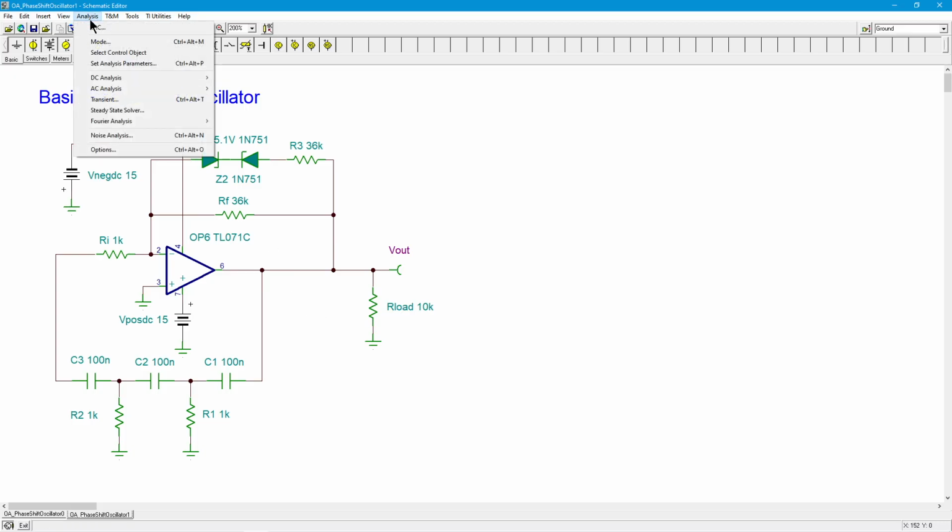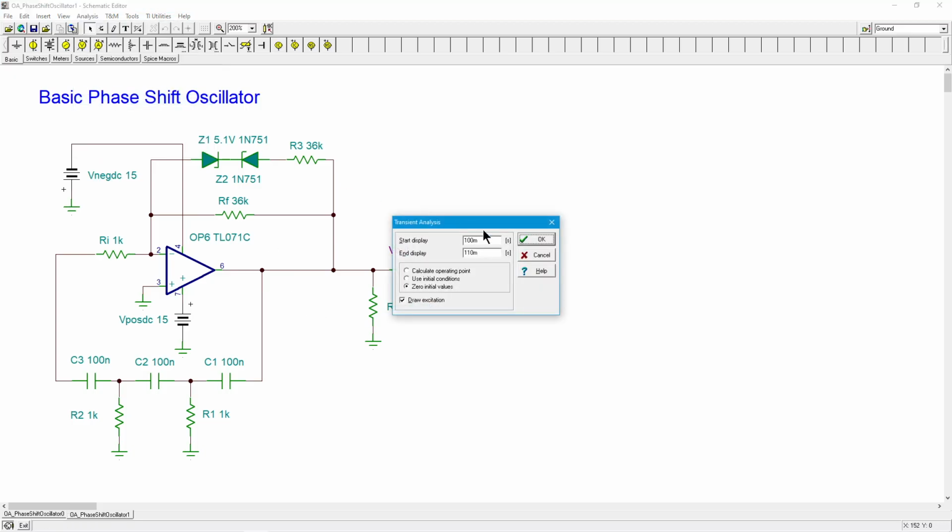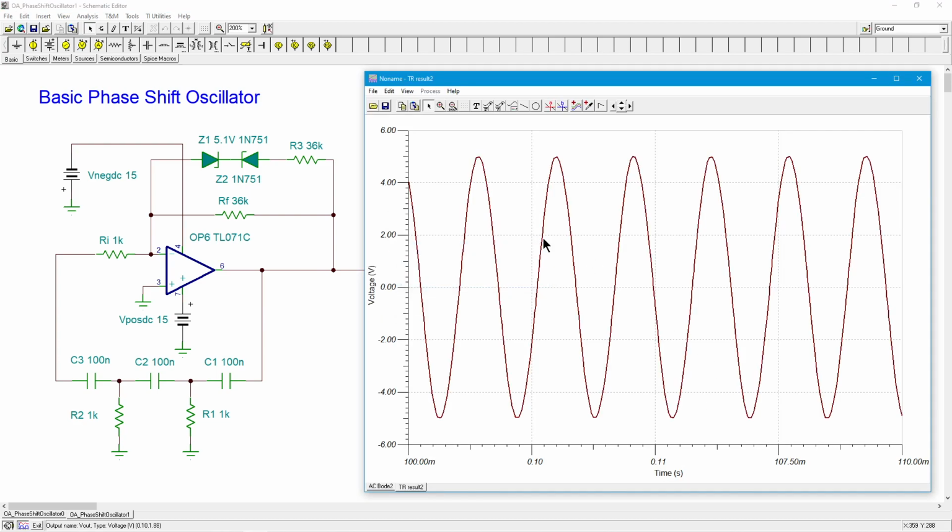So let's go do a little transient analysis over here. And I'm delaying the simulation to get away from the initial transient startup, right? Okay, so there we go. You can see this is a relatively nice looking sine wave. It's not a perfect sine wave probably, but it's not bad. And it's coming up to about 5 volts peak.